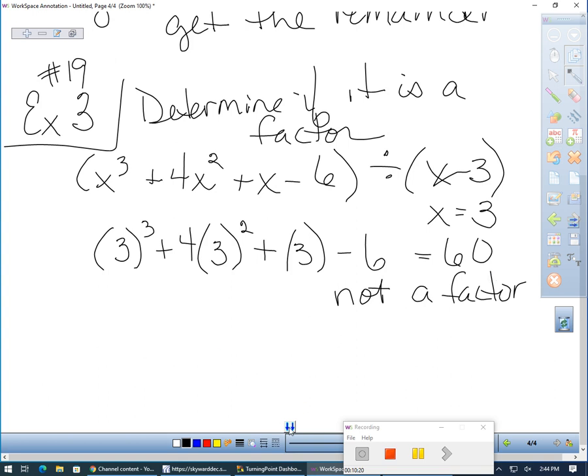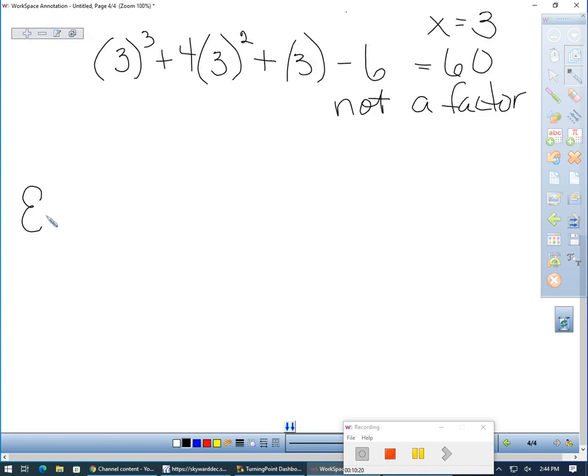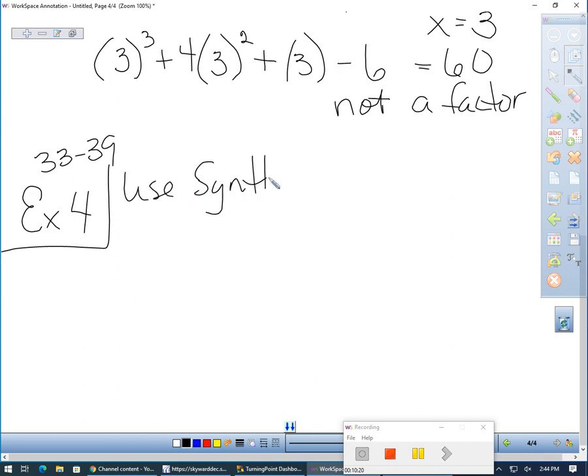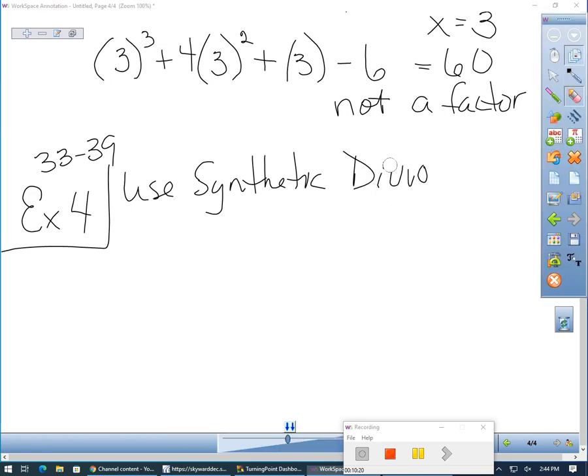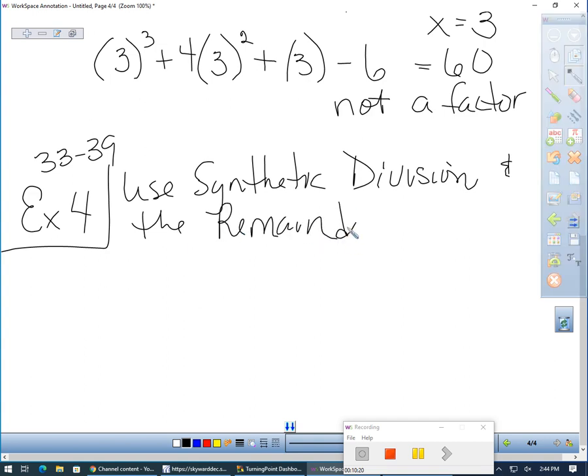Last example. Example number 4. This is going to cover problems 33 through 39. The directions say to use synthetic division and the remainder theorem to find the remainder.